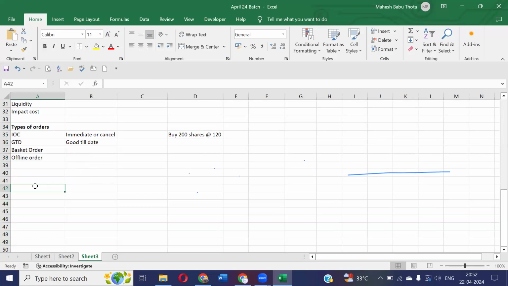Even before that, there is one more concept. Stop limit order, sir. Stop limit, stop loss order. Okay, one more is there: long position and short position.